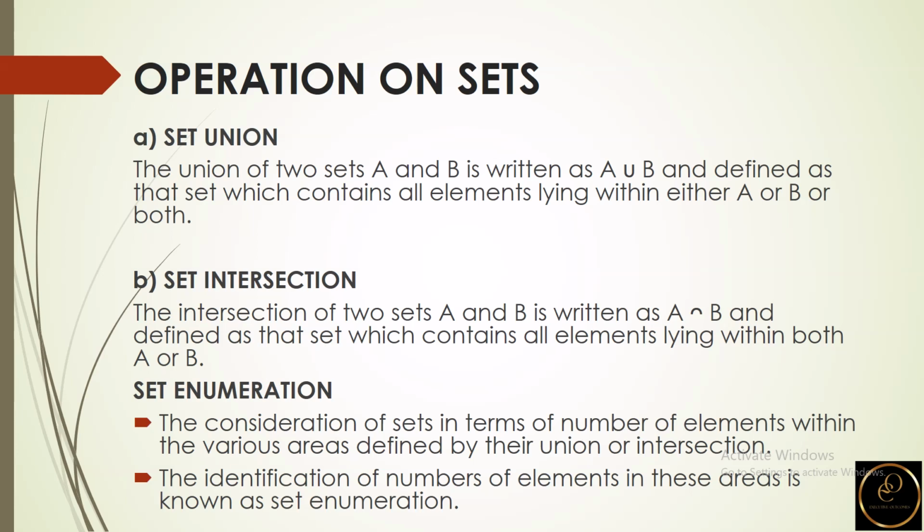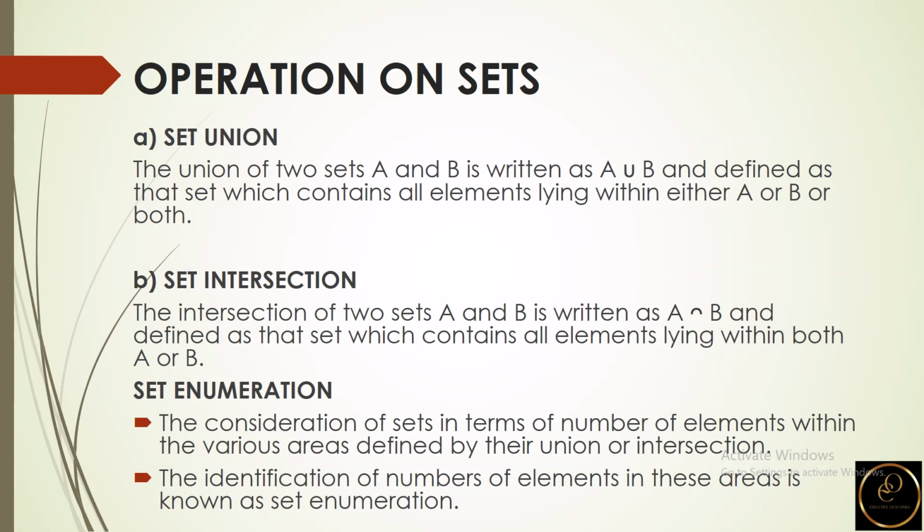In this particular case, the union of two sets, let's say set A and B, is written as A union B, with this symbol which you are seeing here. Meaning that you are going to have elements in set A combined with elements in set B to form another set, which is a union set.